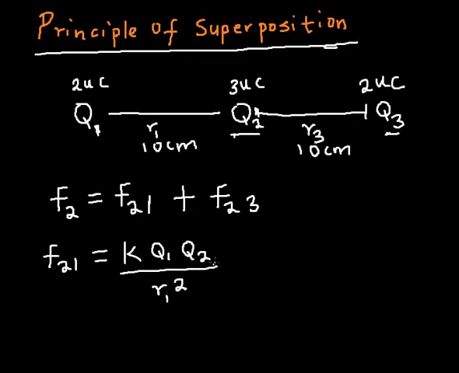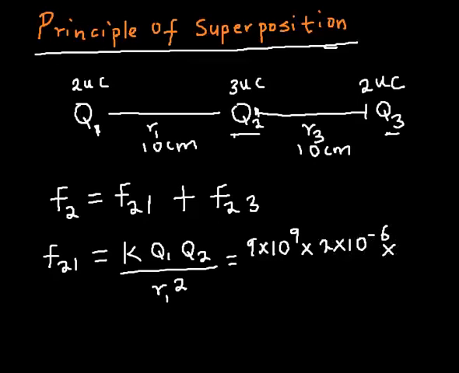Okay, so let's evaluate that. That's 9 times 10 raised to the power of 9. Then multiply by Q1. What's my Q1? That's 2 microcoulombs, 2 times 10 raised to the power of minus 6.